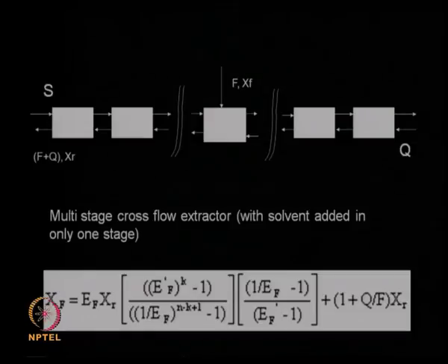Although this equation looks very difficult or complicated, it is all based on mass balance. There is no reaction taking place in extraction, you just have mass balances. You have a mass balance for input and output, and you equate the input to the output, and that gives you a balance for one stage and so on. So you build up the multi-stage process.